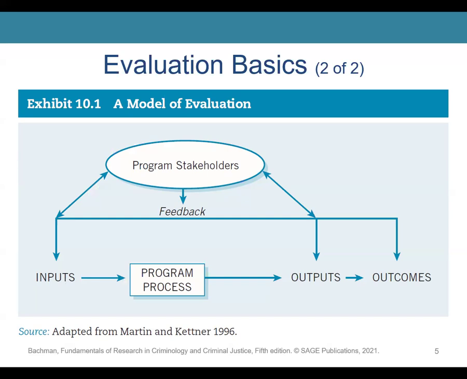Now, your text does a pretty good job, and this is from Martin and Kettner, of what they call the feedback loop. You have the inputs, you have the feedback from the outputs, and it all comes back to the stakeholders who give feedback, and then you reevaluate and retest the processes.